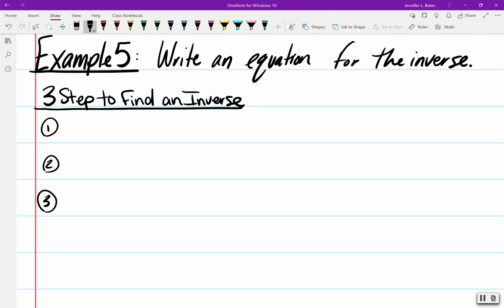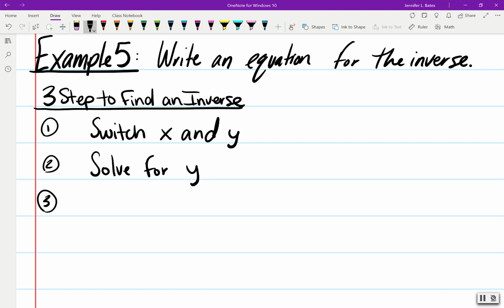That's step 2. Step 2 is solve for y. But step 1 is, very good, switch x and y. So switch x and y, solve for y, and then we're going to call it f inverse of x. And remember, that's not a -1 exponent. It's just a notation for the inverse.